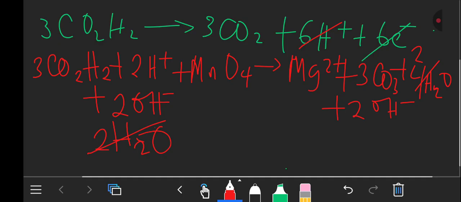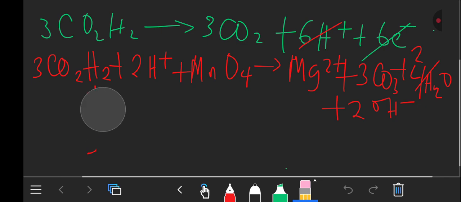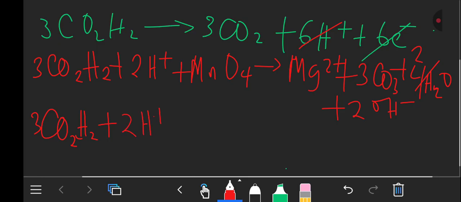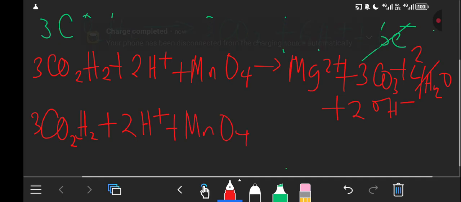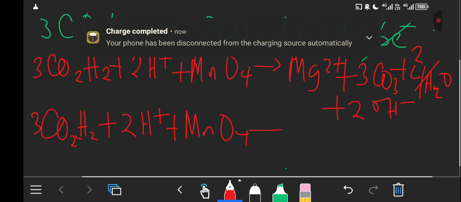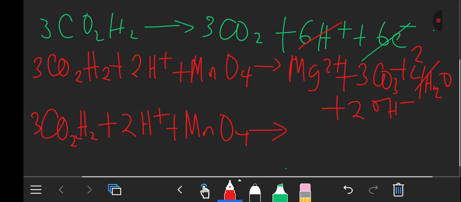Okay, and what we are going to have as the final result of the reaction is 3CO2, H2, plus 2 H, plus MnO4, then giving 2 plus Mn.